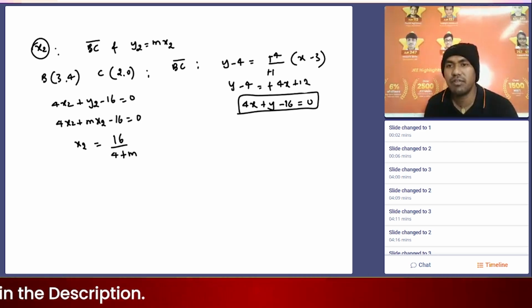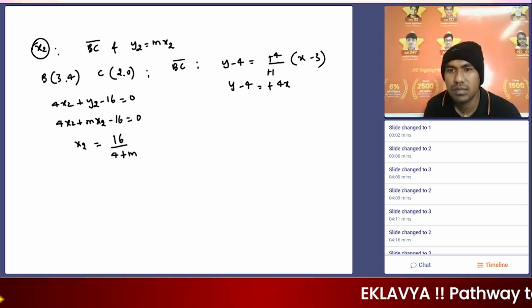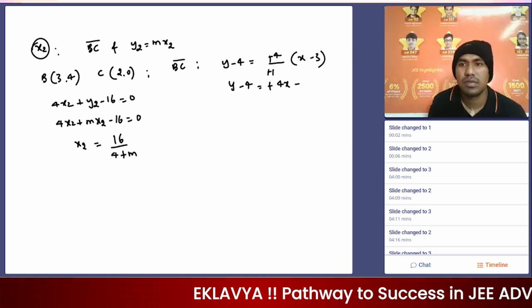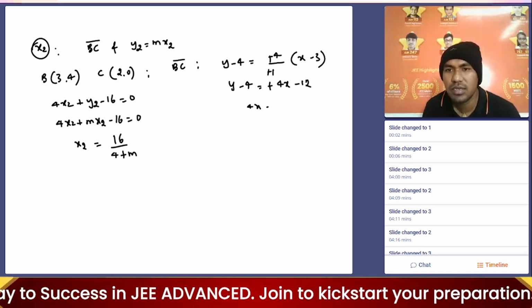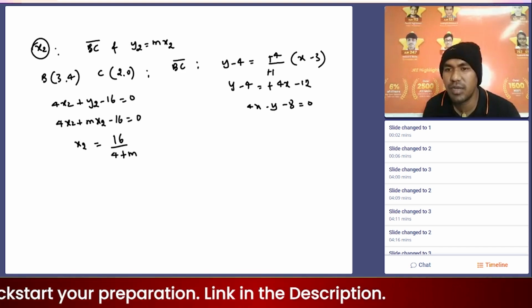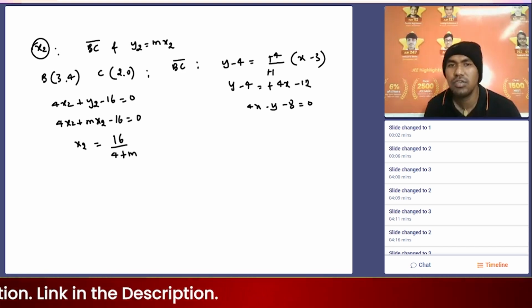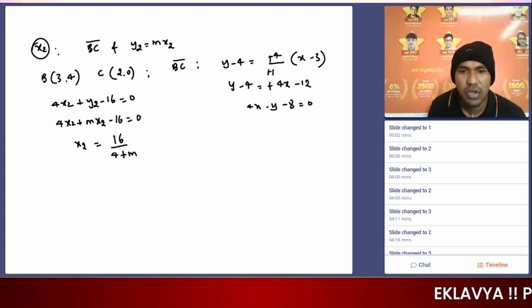So the negative gets cancelled, and it will become minus 12. Now from here 4x minus y and minus 12 plus 4, that will become minus 8, which is equal to 0. So from here you will get the x2 value.